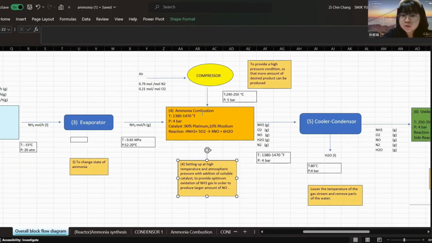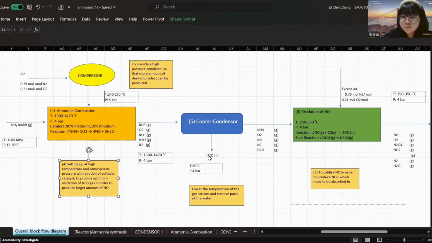The ammonia combustion column will be set up at high temperature and atmospheric pressure with the addition of suitable catalysts to provide optimum oxidation of ammonia gas so as to produce a larger amount of nitrogen monoxide. The cooler condenser is to lower the temperature of the gas stream and remove part of the water as liquid.